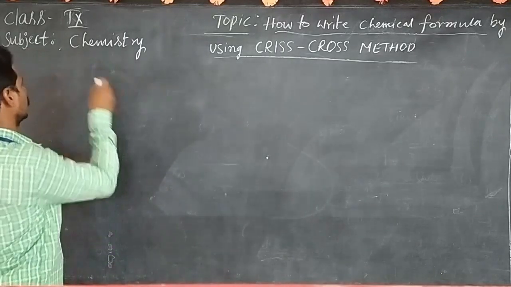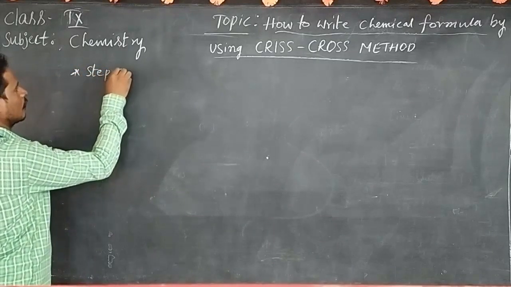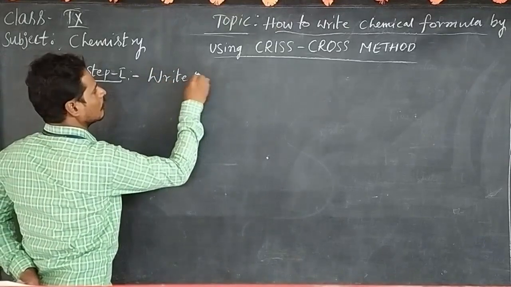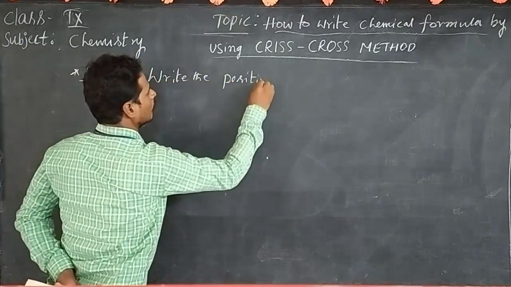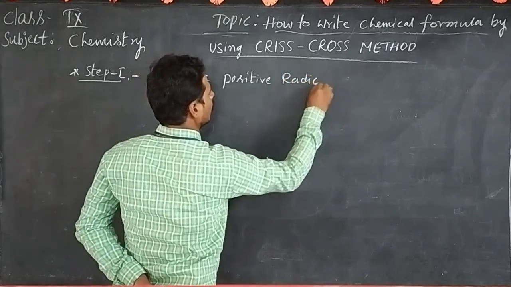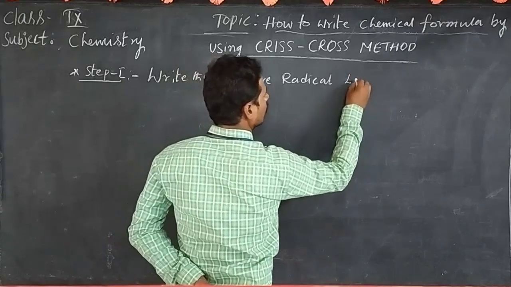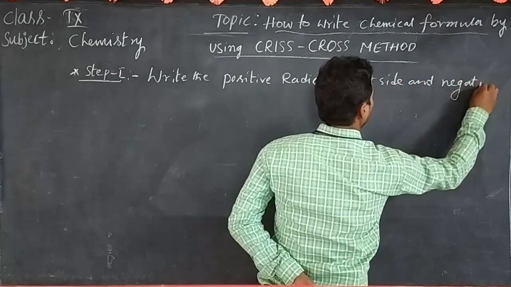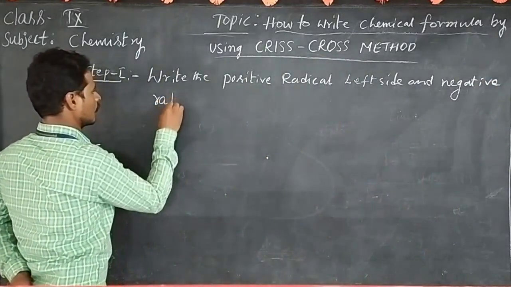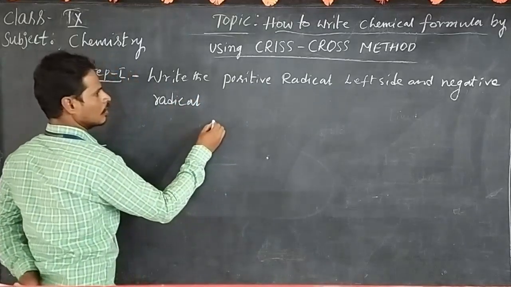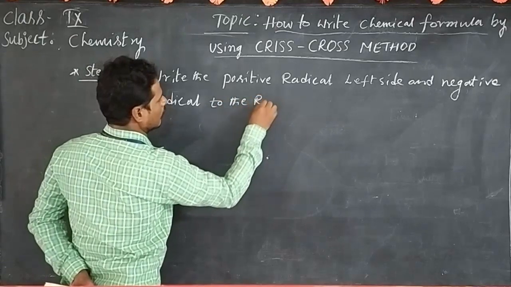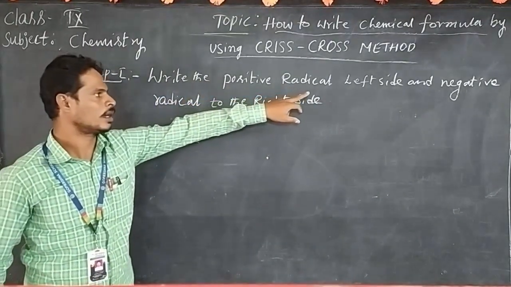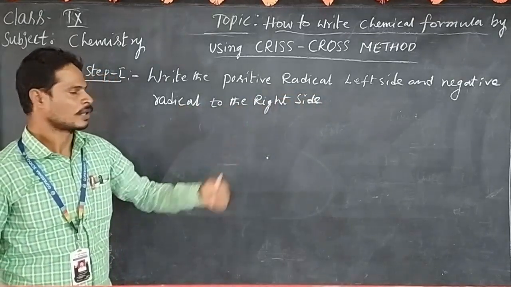Step 1. What is the step 1? Write the positive radical on the left side and the negative radical on the right side.